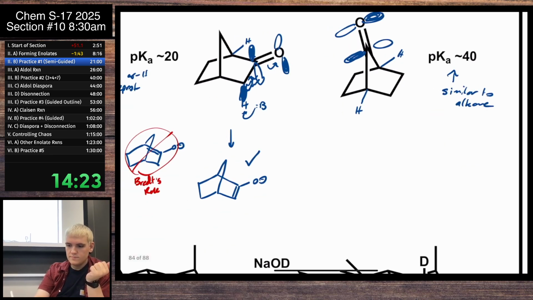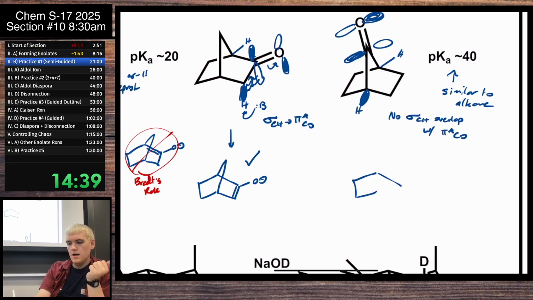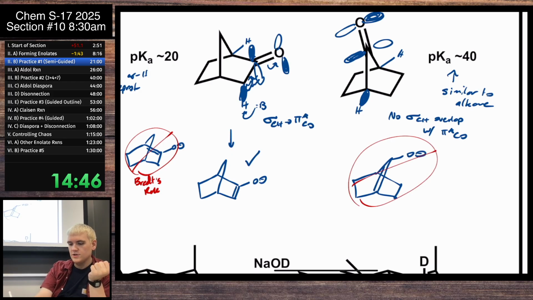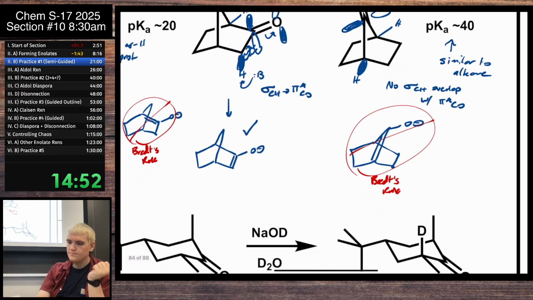So over here we had the sigma CH donating to the pi star CO. Here, no sigma CH overlap with pi star CO. And then just to draw it so we see how horrible, rotten, disgusting it is. We do not get this structure because it violates Bredt's rule.